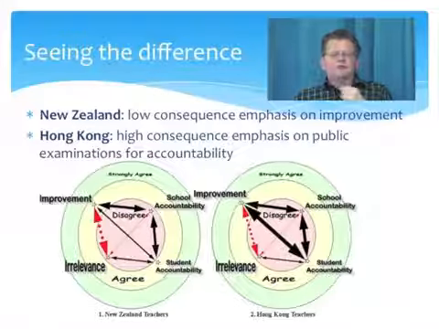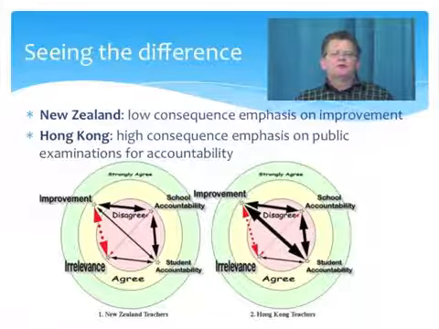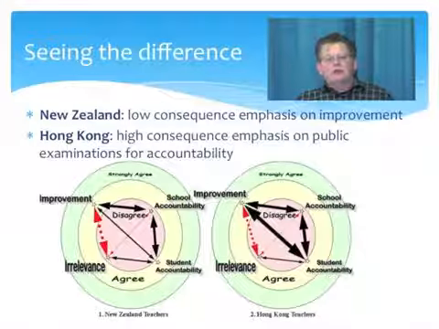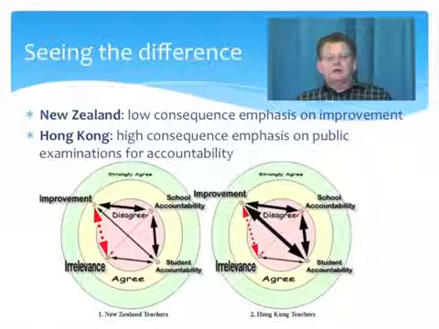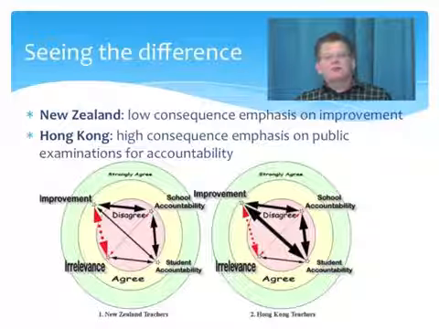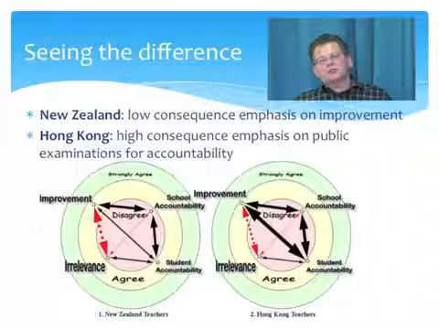To help you see the difference, these two diagrams show the results of surveys, one carried out in New Zealand, on the left of the screen under number 1, New Zealand teachers, and in Hong Kong, number 2. And each of these 4 big ideas that I've talked about are plotted in this bullseye target.